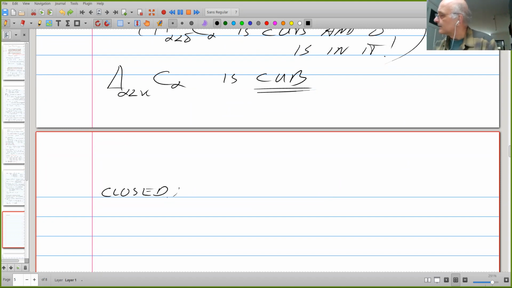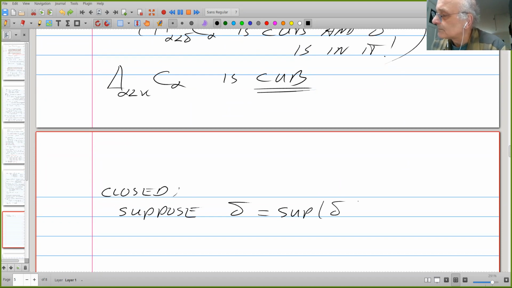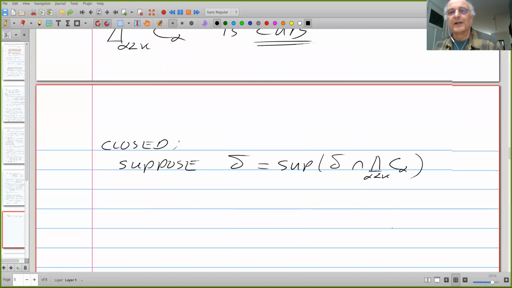Suppose that delta is the supremum of delta and the intersection of delta and that thing.